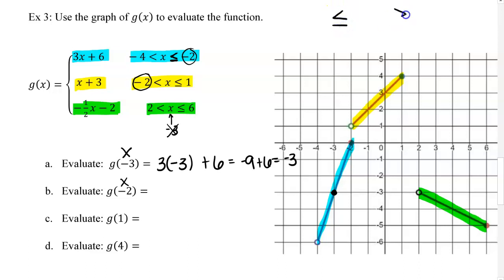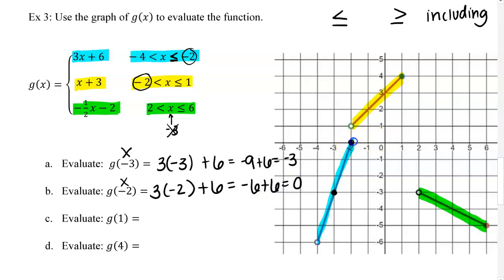Remember, if it's underlined, it's including that value. It's less than or equal to, greater than or equal to. So because the negative 2 is included in the blue function, I'm going to put negative 2 in for x into the blue. So I get negative 6 plus 6, which is 0. So negative 2, 0 is in fact the correct answer. I can see it's the closed circle.